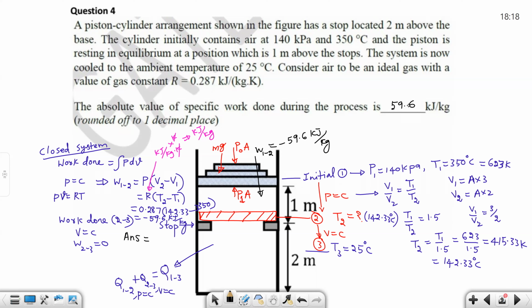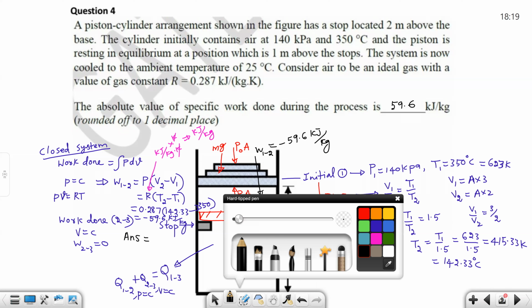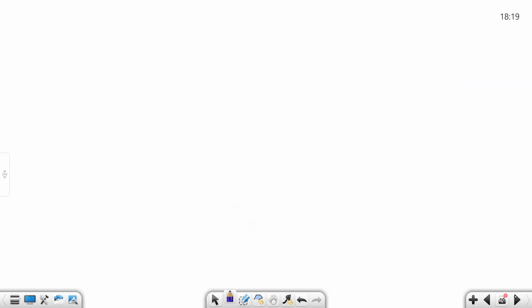So if you are asked to find out the heat transfer, then you have heat transfer in both the process 1 to 2 as well as process 2 to 3. Maybe we will just try whether we can calculate the heat transfer. So I just go to the next slide. So there will be process 1 to 2. This is the pressure constant process.